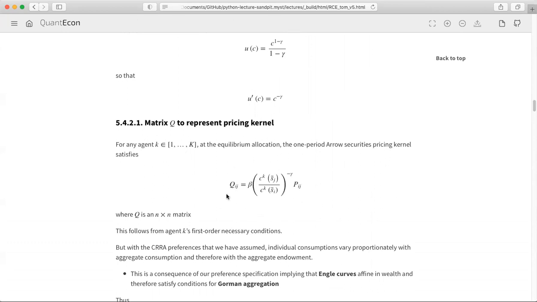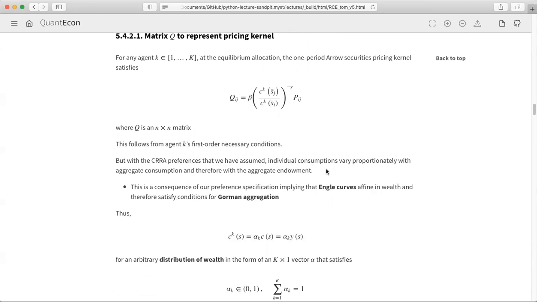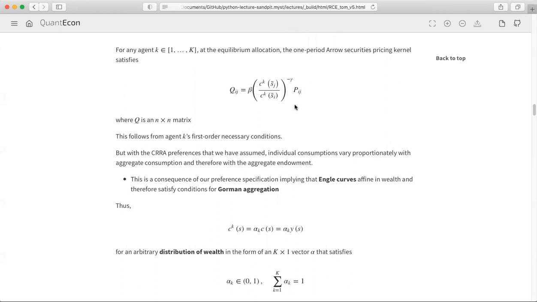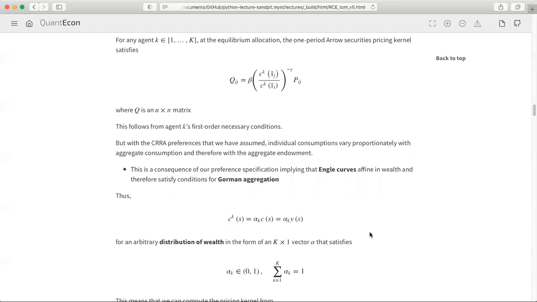this equation for the pricing kernel, and with a little work, this was true for any individual k. And it also turned out it was true for the aggregate because of the way we specified preferences.